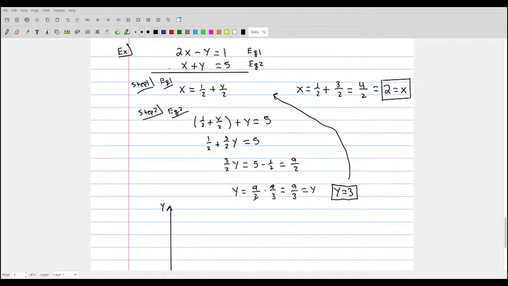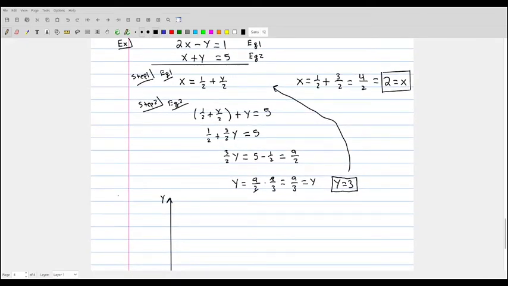Equation 1, the equation 2x minus y equals 1, is the same thing as y is equal to 2x minus 1. And equation 2 is the equation y is equal to 5 minus x.